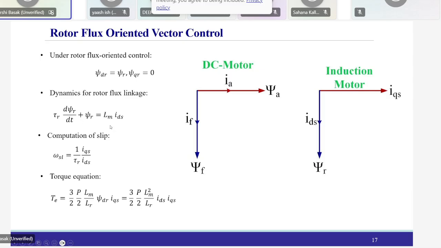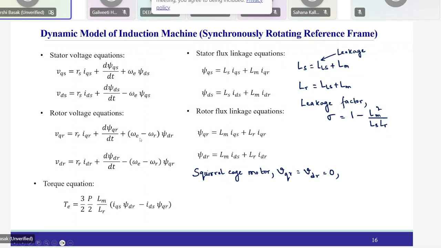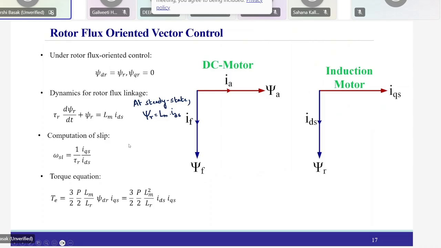And at steady state, you can use this expression as well to compute what is called slip, and that is given by omega E minus omega R is equal to this, and there is tau R. Tau R actually refers to the rotor time constant, which is given by LR divided by RR. Okay, so this is the tau R.